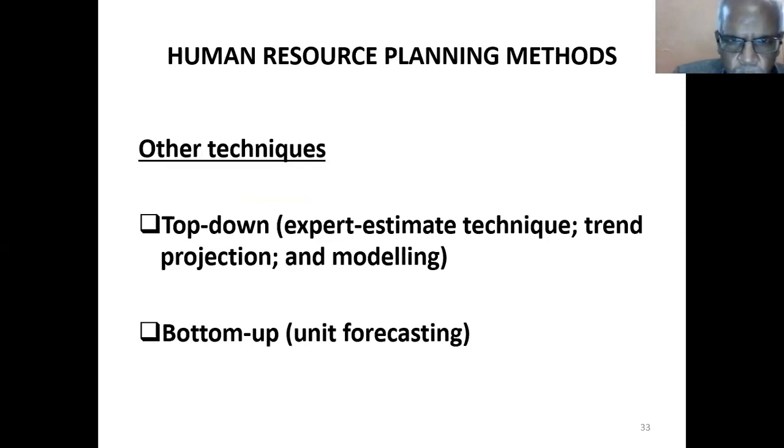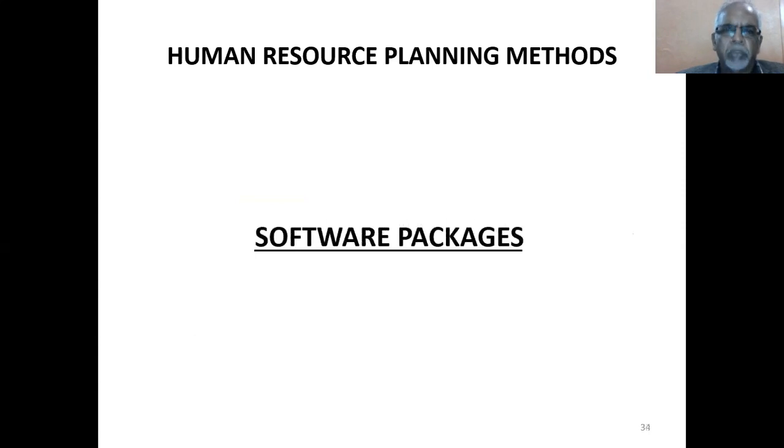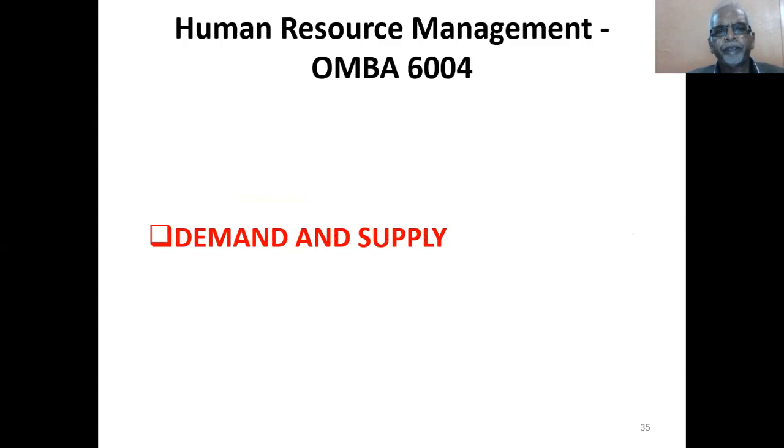Now, we know that many organizations are now utilizing technology to support the HR function. So an organization may also use software packages to support the human resource planning process.